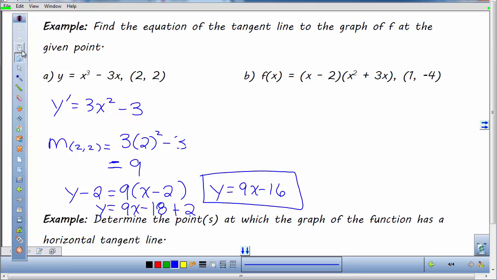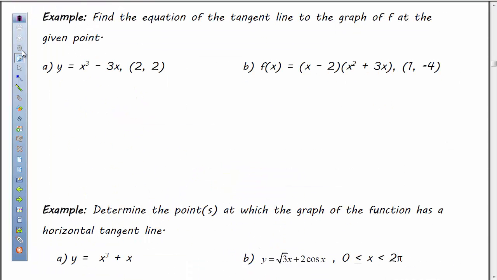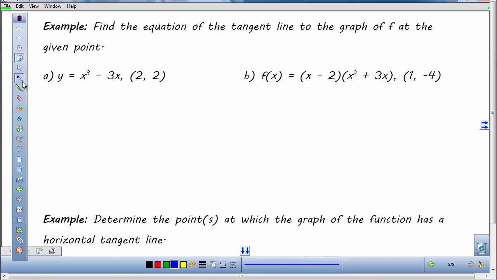Okay, what about b? Before we do anything with that, we should what? Okay, multiply, right? We're going to multiply, so we get f of x is equal to, I'm using FOIL, so I get x cubed for the first. Outer gives me plus 3x squared. Inner minus 2x squared.